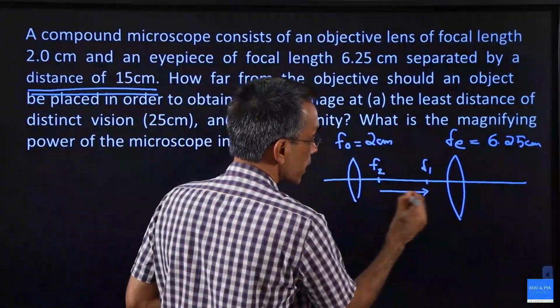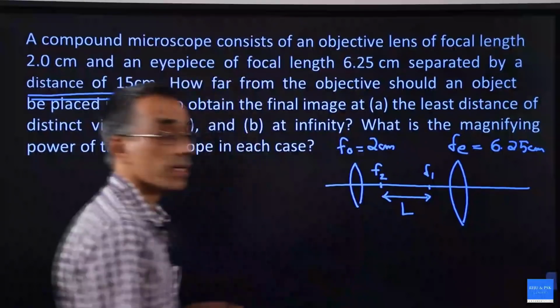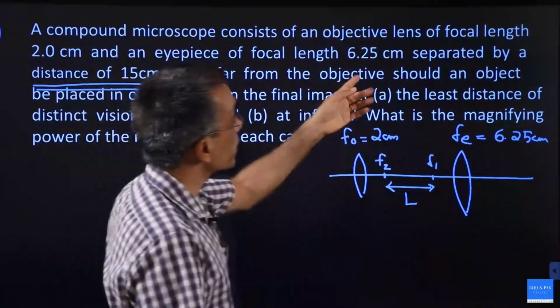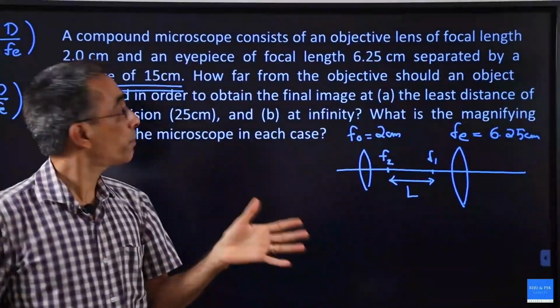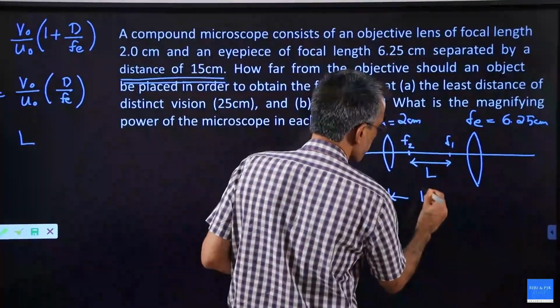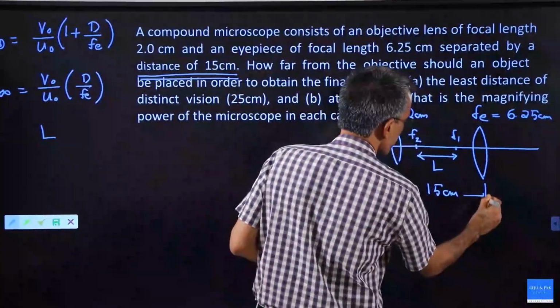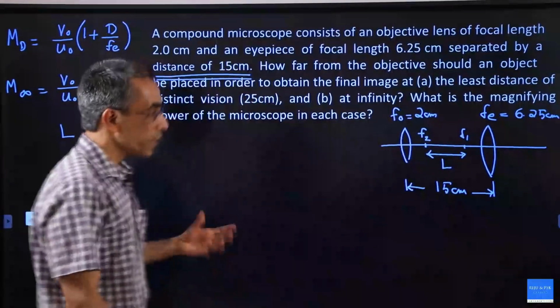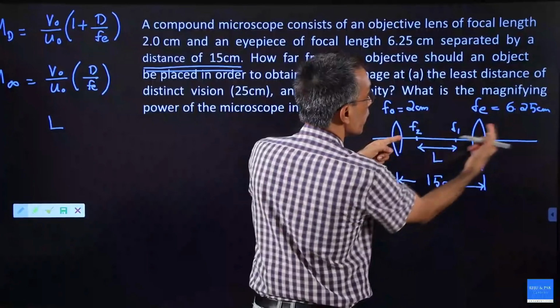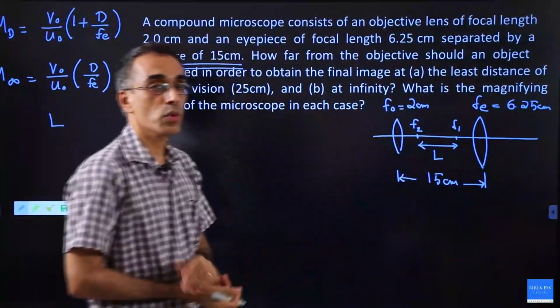This distance is what we call L in the NCERT textbook. But in this question they are not giving you that L. The lenses are separated by 15 cm. You can find out L, because 15 cm minus 2 minus 6.25 cm will give you the value of L.